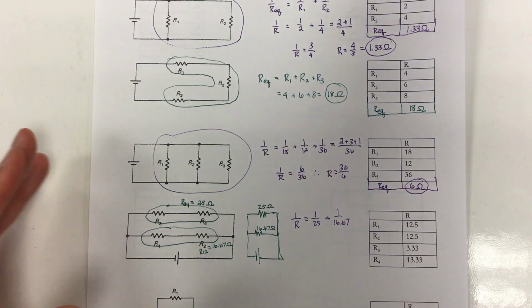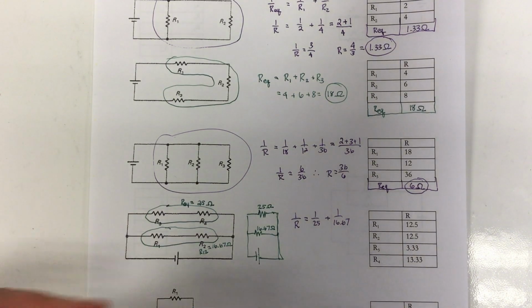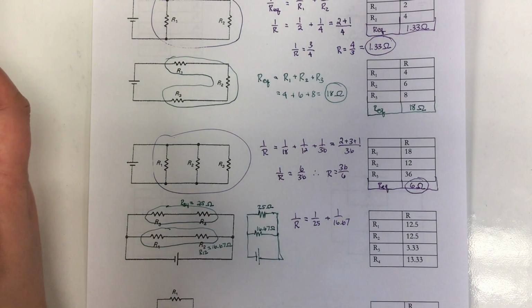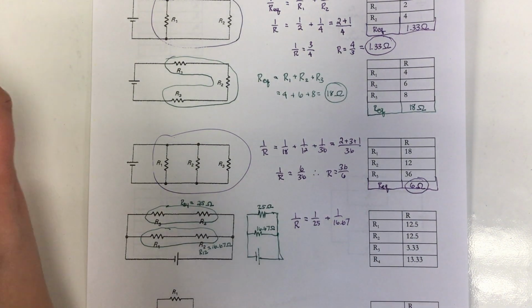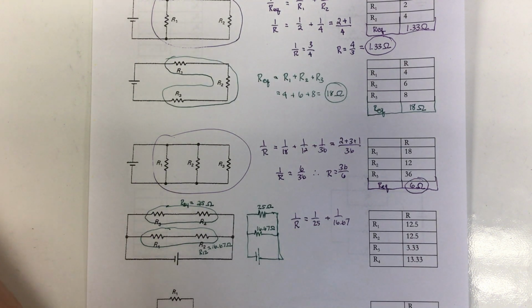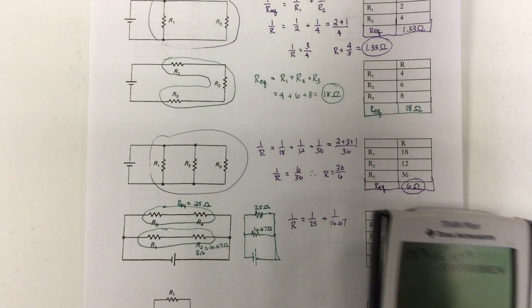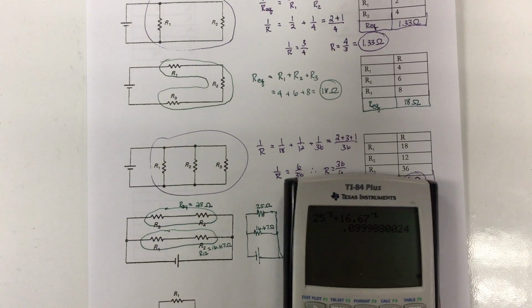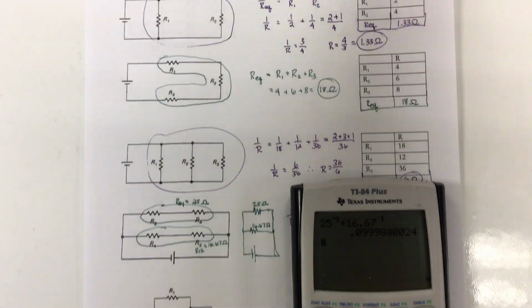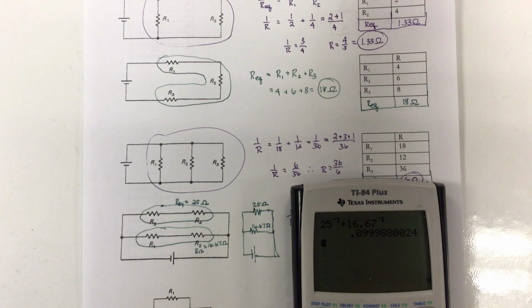And in my calculator, now I probably don't want to do least common denominator in my head like I did with the previous problems. I can use instead the inverse function of my calculator. In this case, I did 1/25 plus 1/16.67.